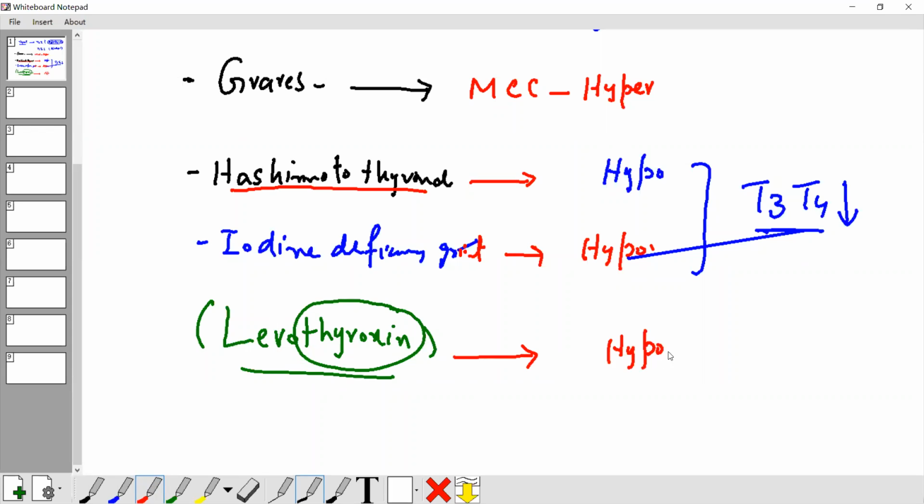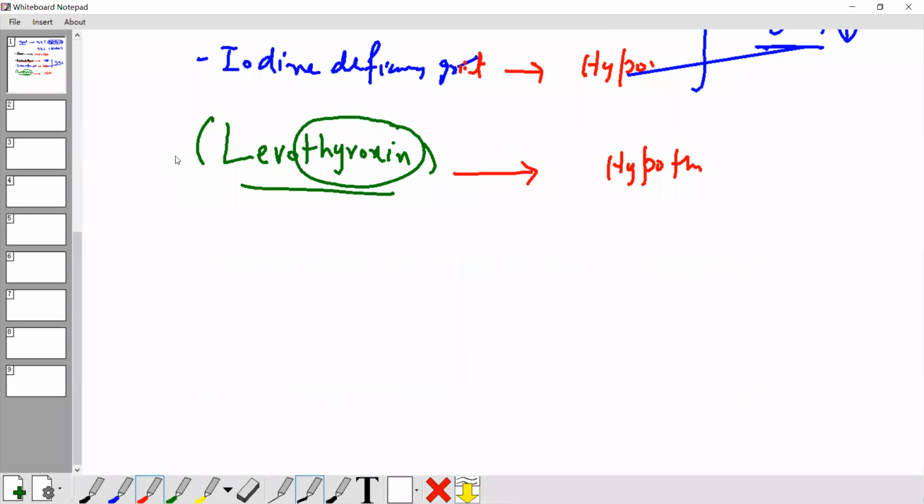For treatment of hypothyroidism, we use levothyroxine. We only use this drug for hypothyroidism. For hyperthyroidism, the most common cause is Graves' disease.